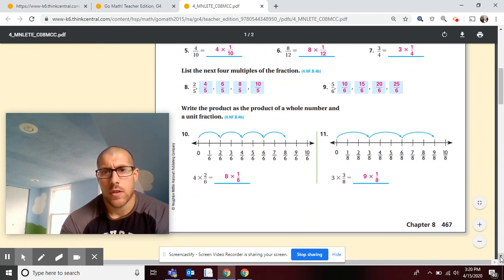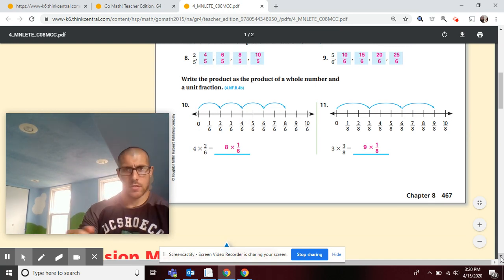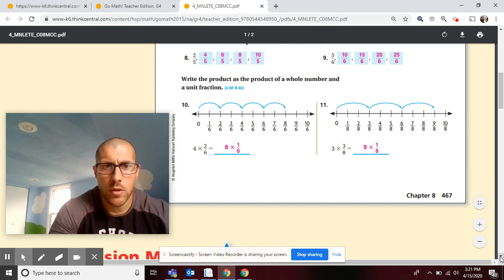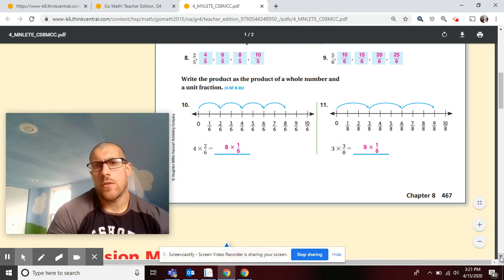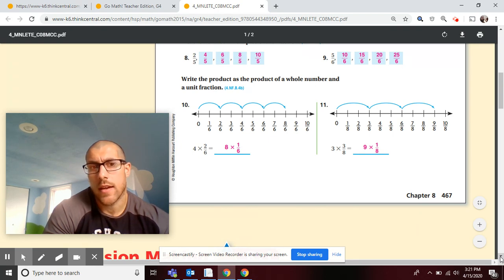Now, for numbers 10 and 11, do not so much worry about the pictures. It asks you for the product of a whole number and a unit fraction. Well, if you look at numbers 10 and 11, the first numbers in the equations are whole numbers. But what can we write any whole number over? That is correct. We can write it over 1 and then multiply straight across.